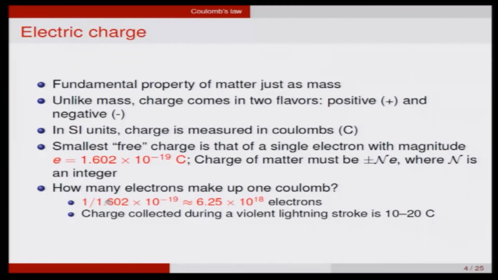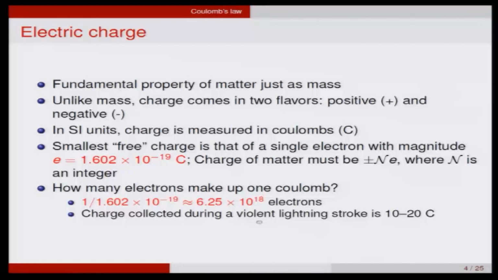Note that here I am only looking at magnitude, because electrons are particles, so we do not have to consider their number as negative. The charge on the electron is negative, but the electron itself is a number out there for us. So, 1 divided by 1.602 × 10^-19 turns out to be 6.25 × 10^18 electrons.